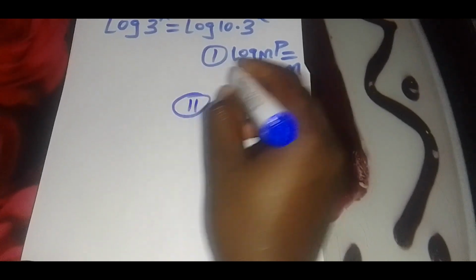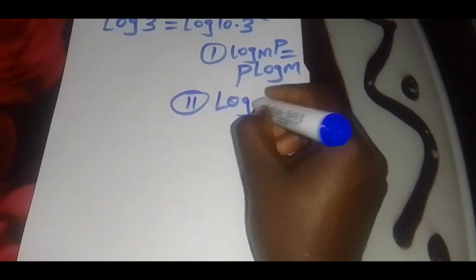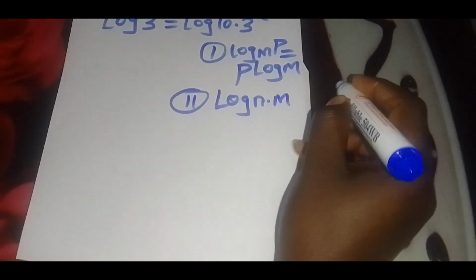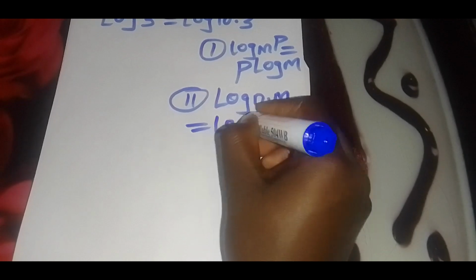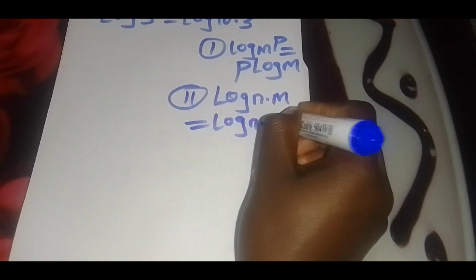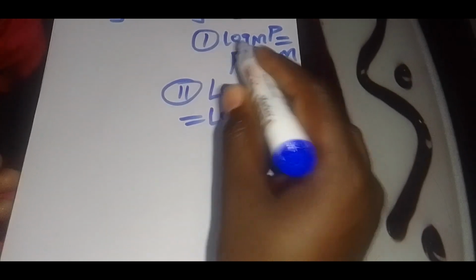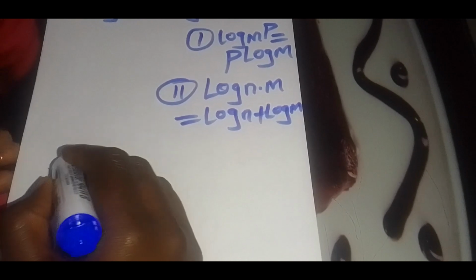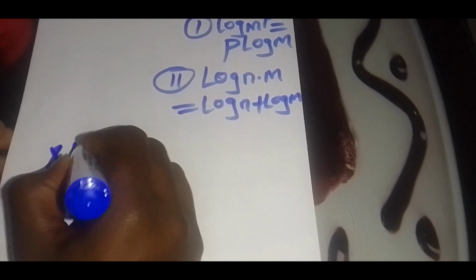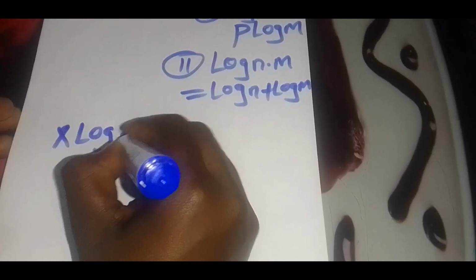If you have log n multiplied by m, this can be expressed as log n plus log m.